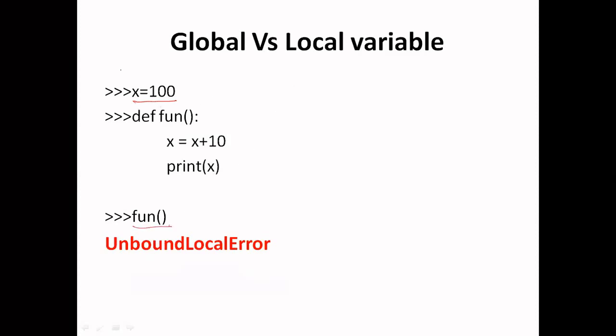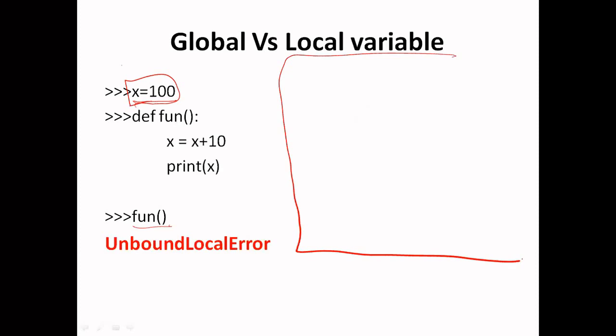So when control comes to this particular point, that means at the first line, the global namespace will be created, and inside this global namespace we have an object 100 which is bound by the variable x. That means x is referring to this object 100.